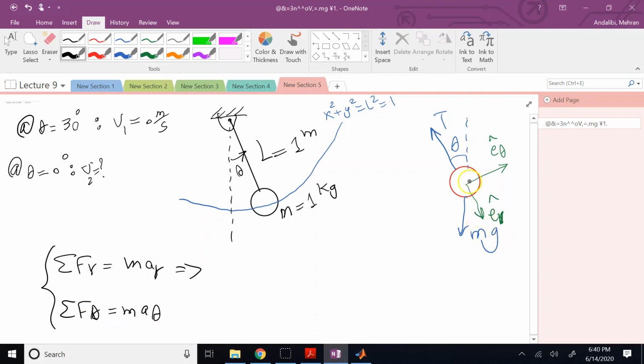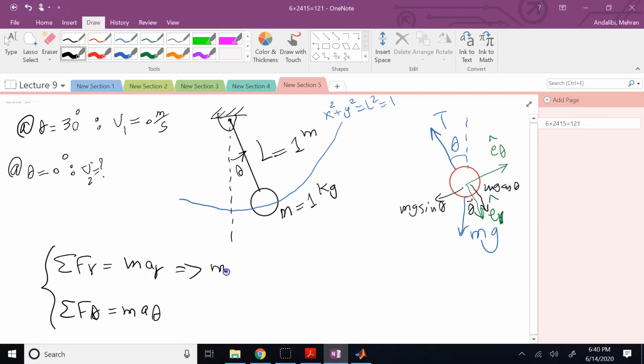Now, in the r direction, we have negative T. Also, mg has a component along r, has a component along theta, right? We know this angle is theta. So mg has a cosine component along r, and it has a what? Sine component along theta. So this is mg sine theta, and this one is mg cosine theta.